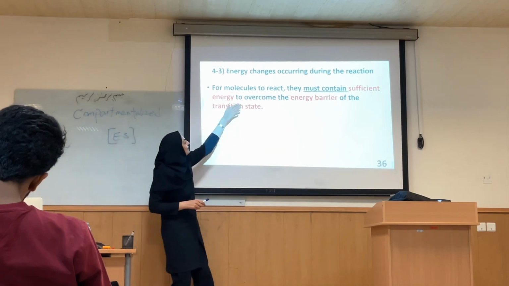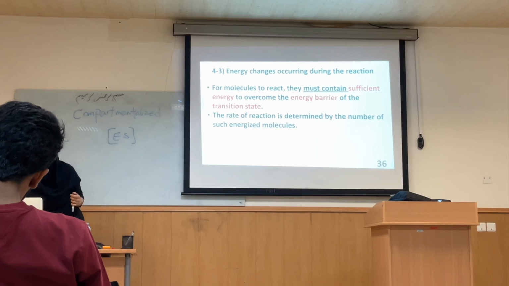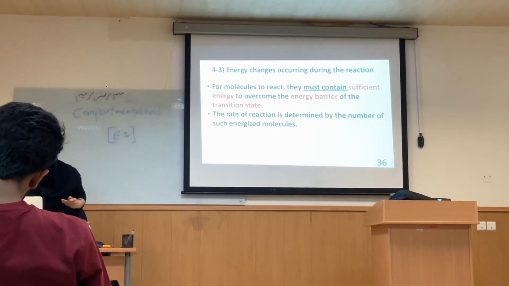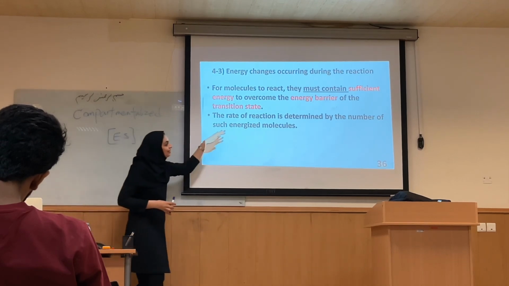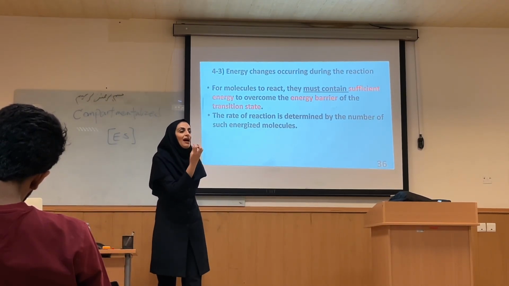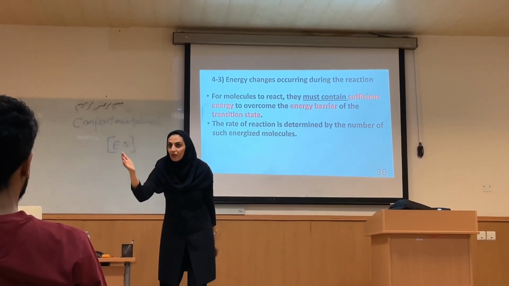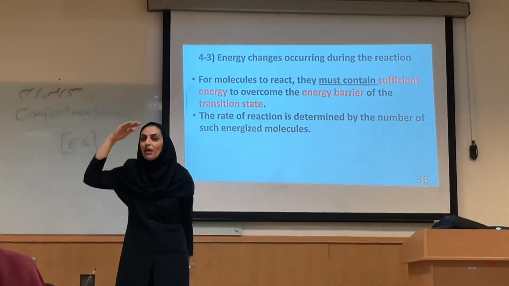At first, this was the thing that I explained just now, just written here for better understanding. Another thing that enzymes do: the number of molecules that have enough energy for overcoming the barrier is increased by the enzyme.